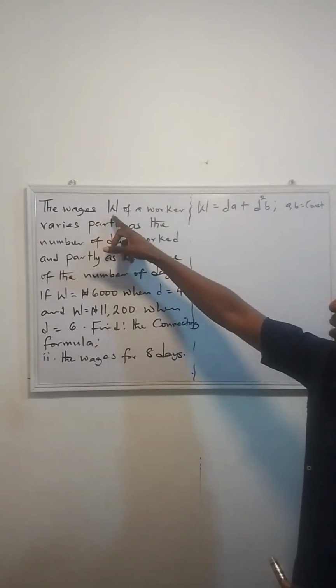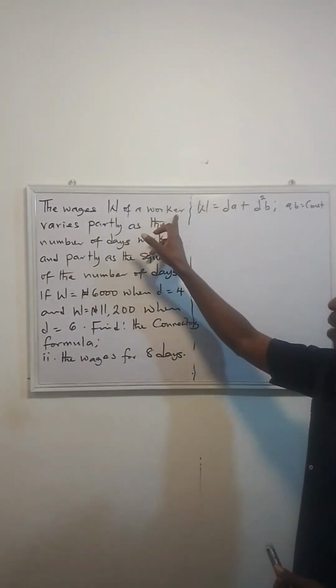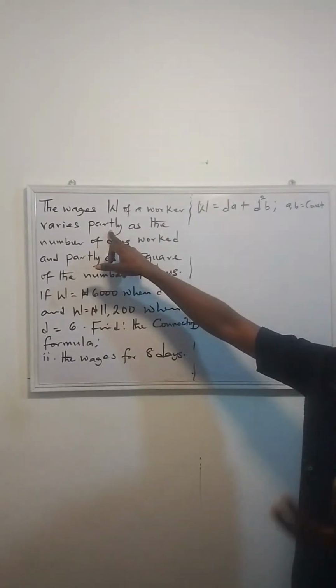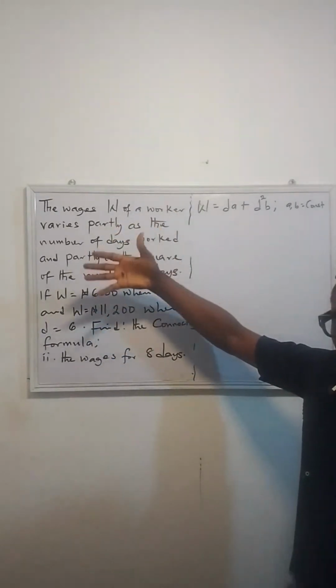Now, the wages W of a worker varies partly. Once I hear partly, I know it's talking about partial variation.